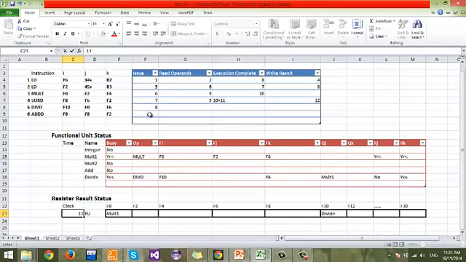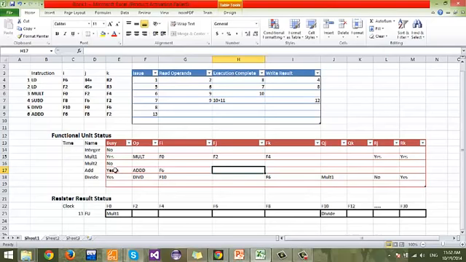Can add be issued? Yes, there is only one functional unit for add, and that's free. So we can issue add at clock cycle 13. What's the destination register? F6.